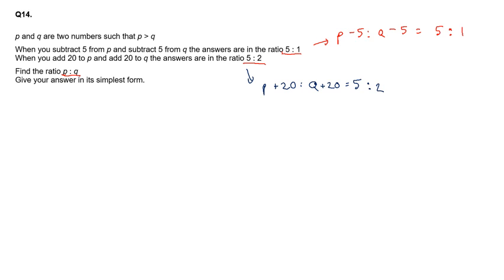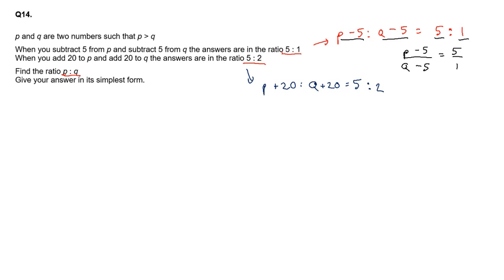Now with ratios, they can also be expressed as fractions. There's a couple of ways of doing this, but what I would do is I would think, well, this divided by this is going to be the same as this divided by this. So therefore, P minus 5 over Q minus 5 equals 5 over 1.